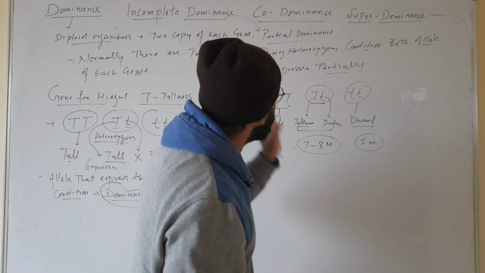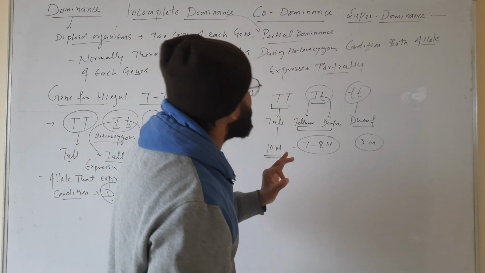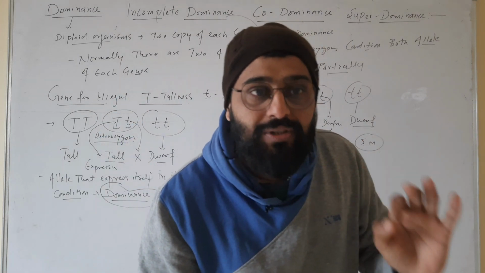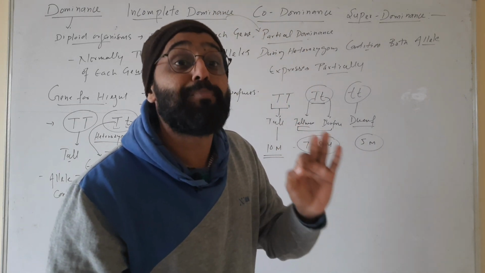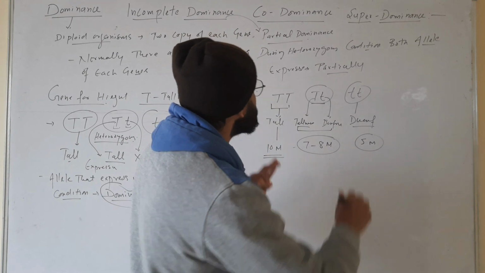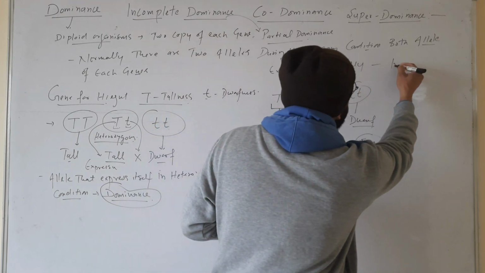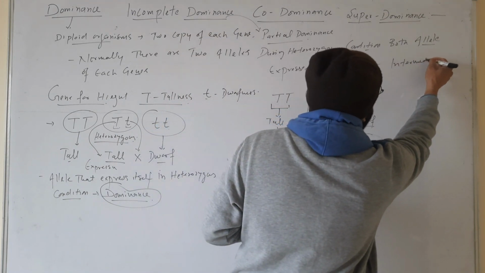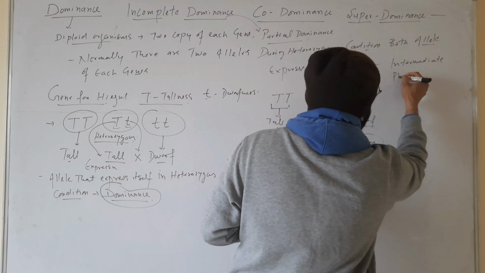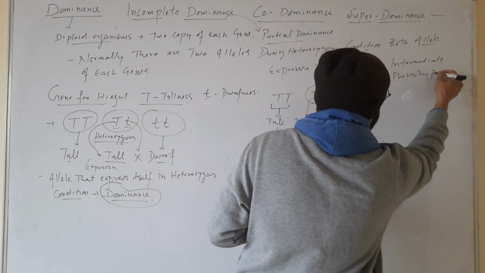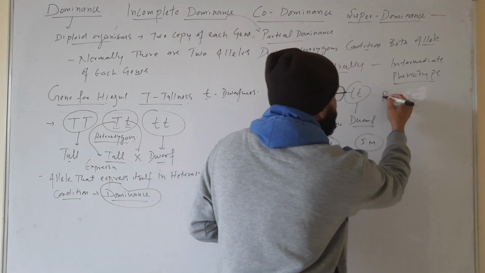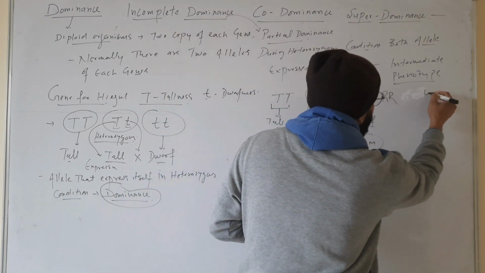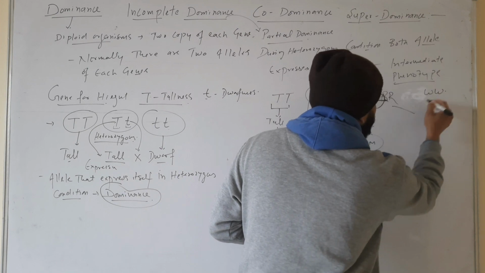This is called incomplete dominance, a phenomenon in which during heterozygous condition both copies express themselves partially, and this partial expression leads to an intermediate phenotype. Another example of incomplete dominance is red and white flowers.